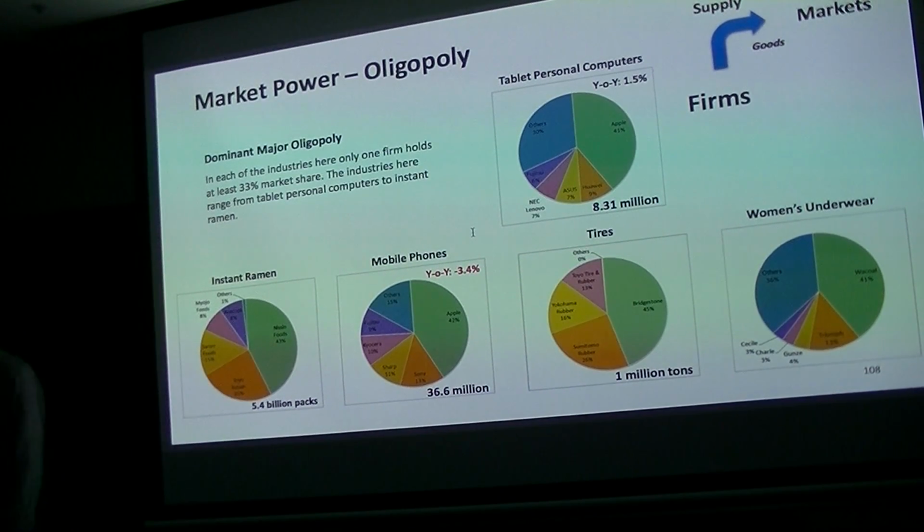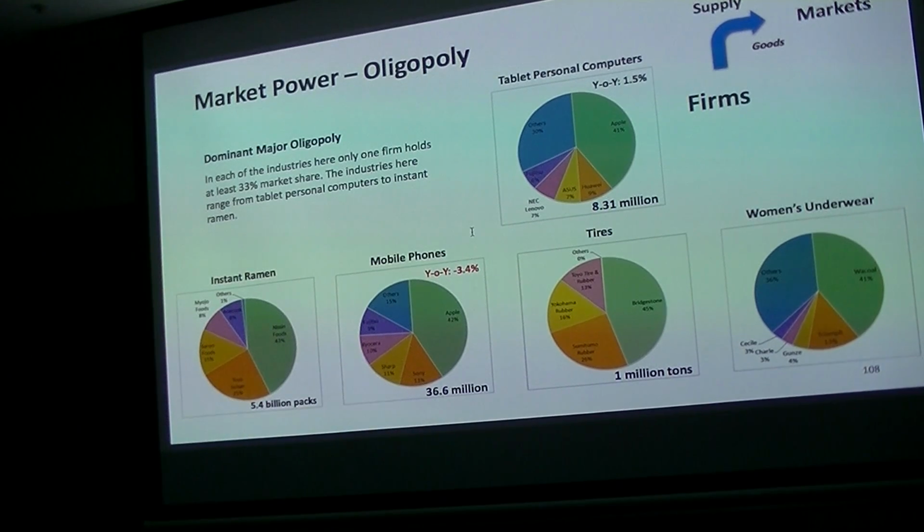5.4 billion packs of ramen. Now, how many people are there in this country? It's 126 million people. You can do the math. That's about 50 packs per person. That's about 45 packs per person per year.